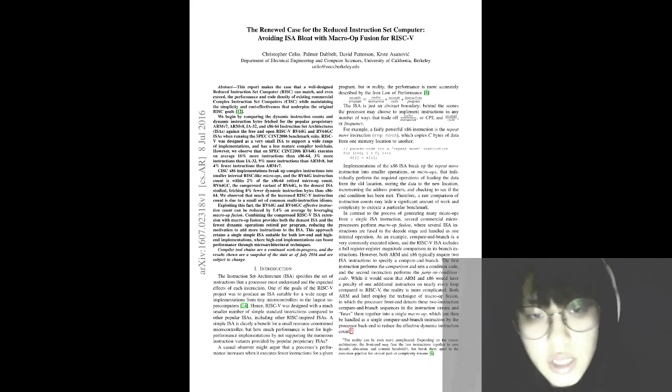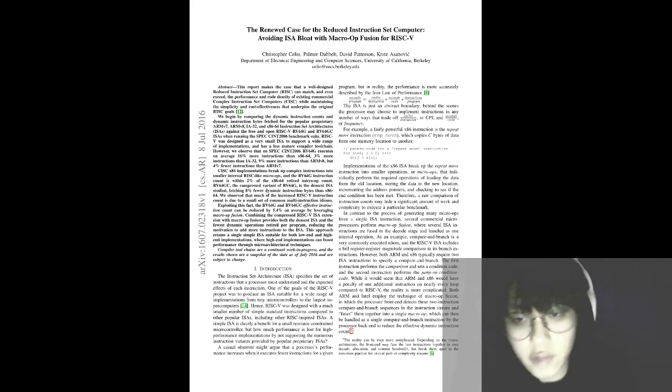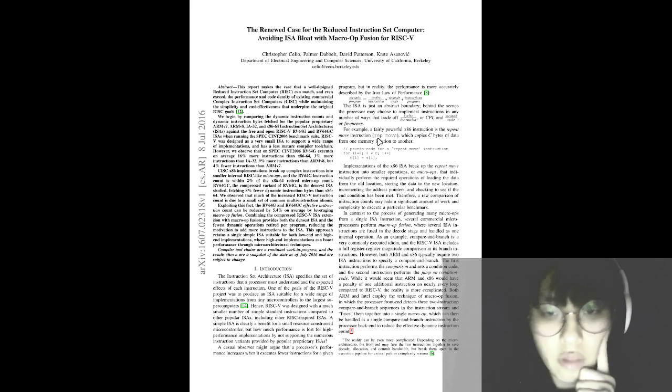So RISC is just reduced instructions. In low level language like assembly, the instructions are really important. What do I mean by that? CISC uses complex instructions. For example, if you look at this part, rep movs is a repeat move instruction.